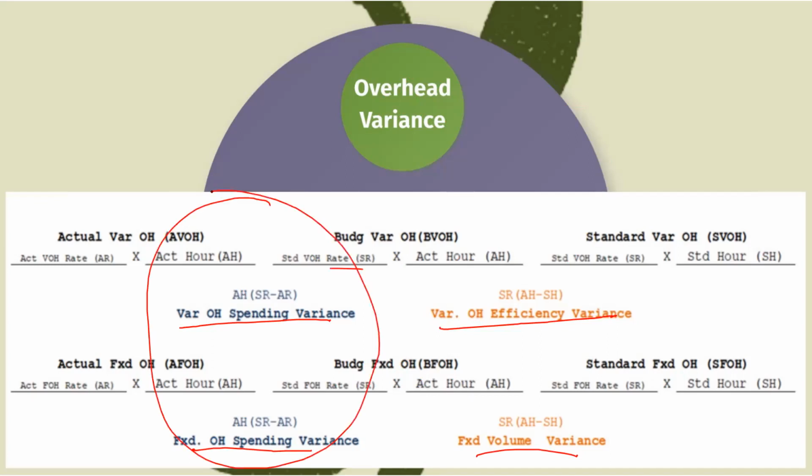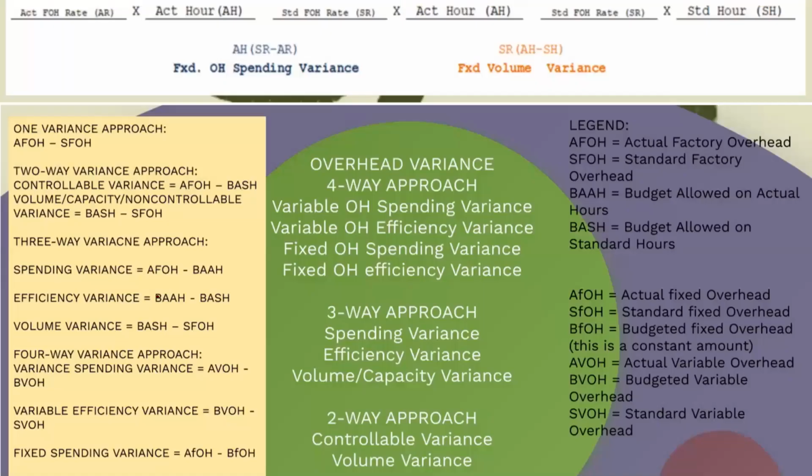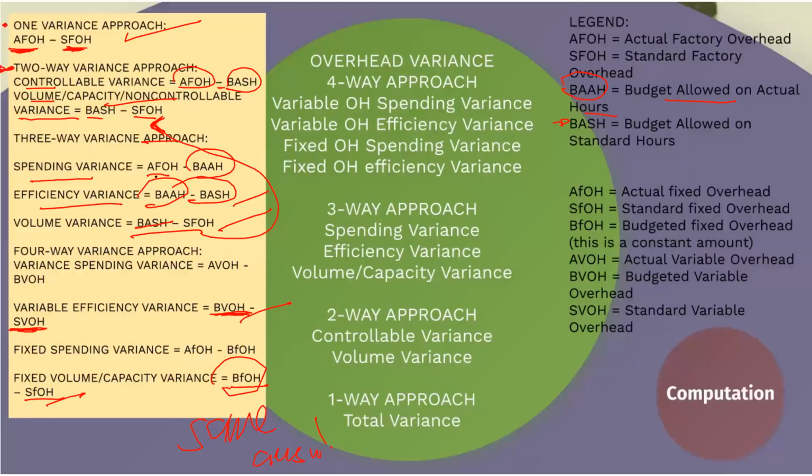Okay? It means that if you try to use this formula, the expanded formula, you compare it with your equations, no? Yung may formula ka dito, dapat parehas lang yung lalabas. Let's say you wanted to use this one, AVO less BIVO, no? You wanted to use that actual factory overhead less budgeted factory overhead.